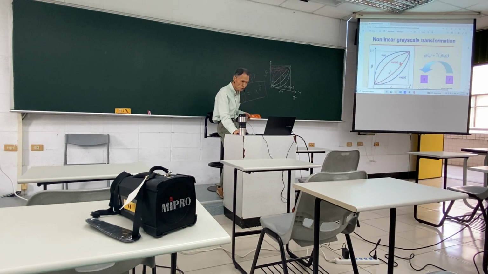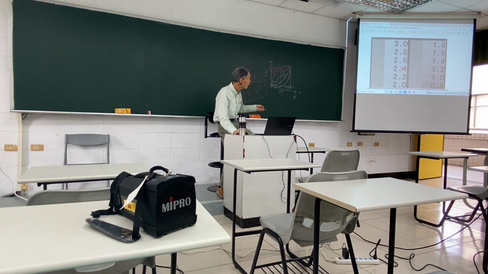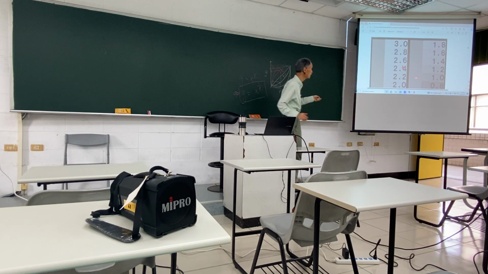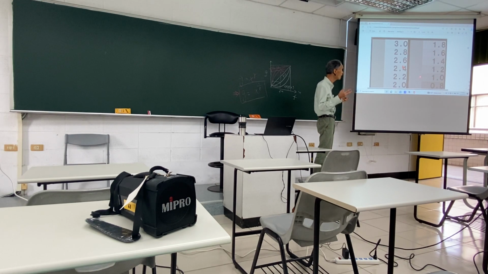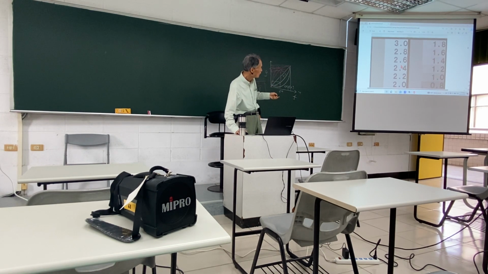Now let me just show you. First, take a look. If the gamma equals 1.0, this is the intensity of the original input. When the gamma value gets larger, it gets brighter, see that? If the value is smaller, then it gets darker.